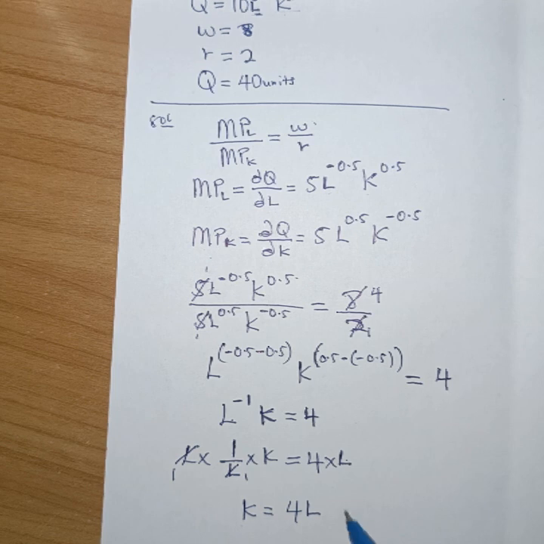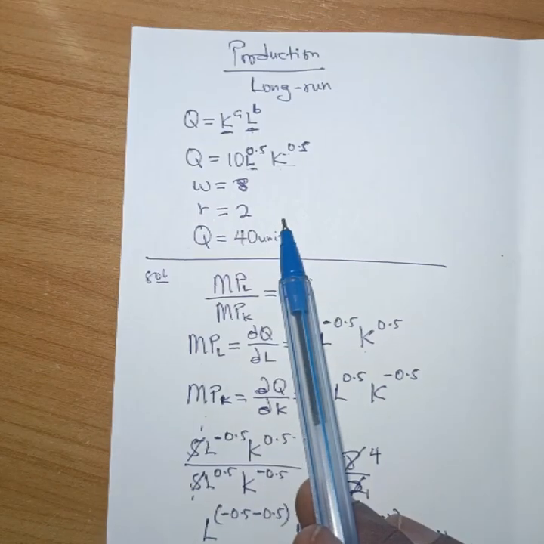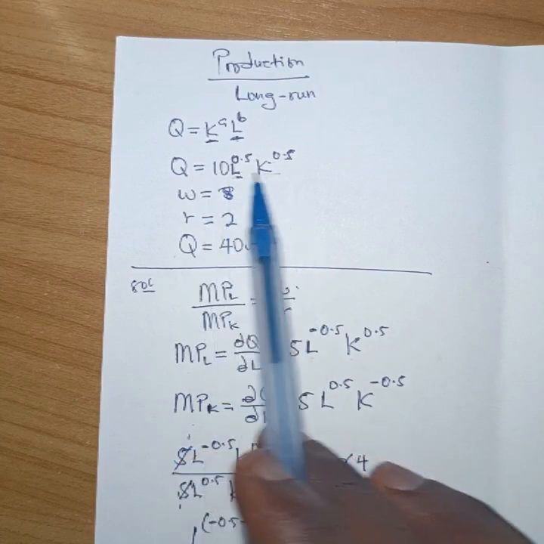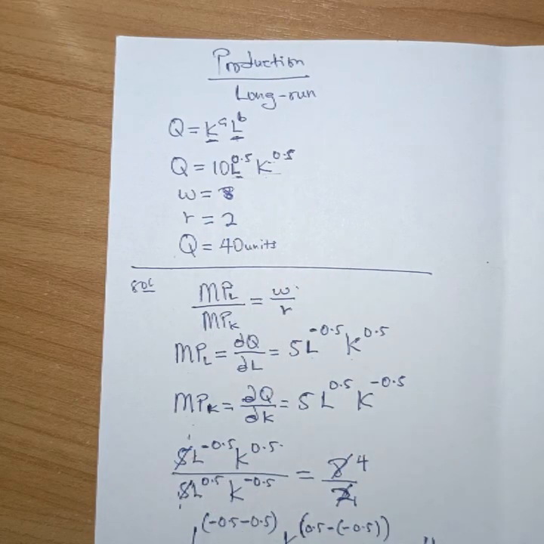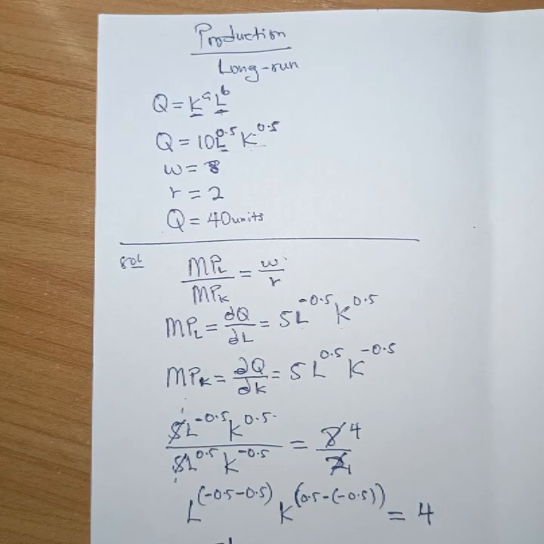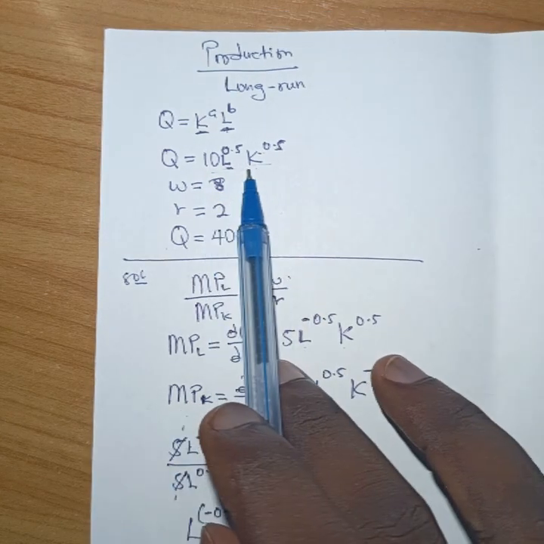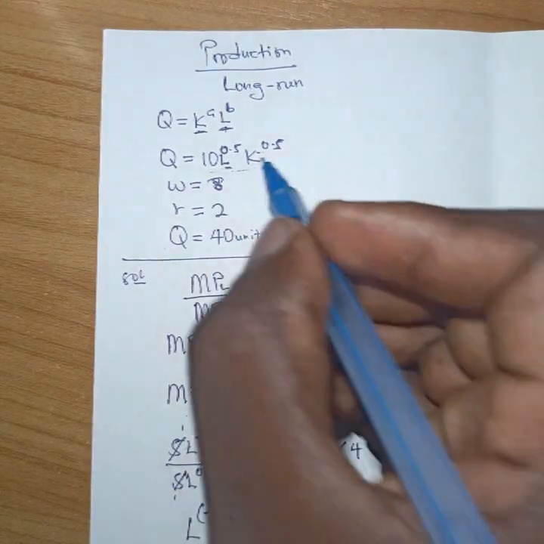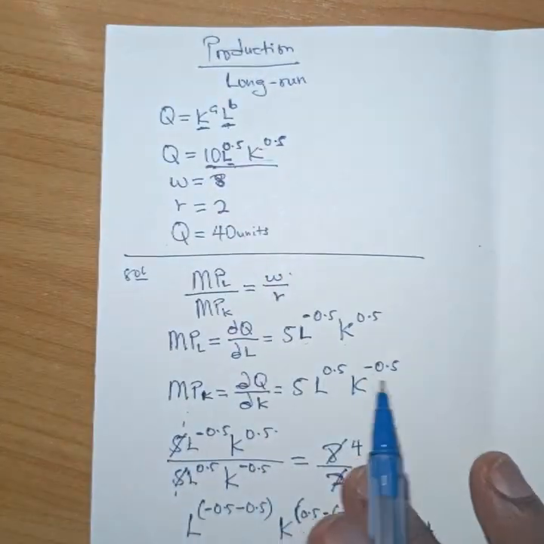So now that we've gotten here, we say that wherever K is in the function, which is this function, we put 4L there. So wherever K is in this function, this one, you put 4L there.